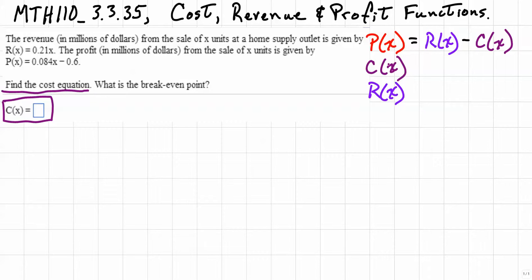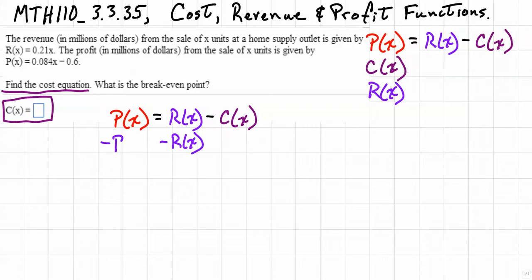So since P of x equals R of x minus C of x is not what I'm looking for, I'm going to rearrange this and solve for C of x. In order to do that, we subtract R of x from both sides, just like solving any equation.